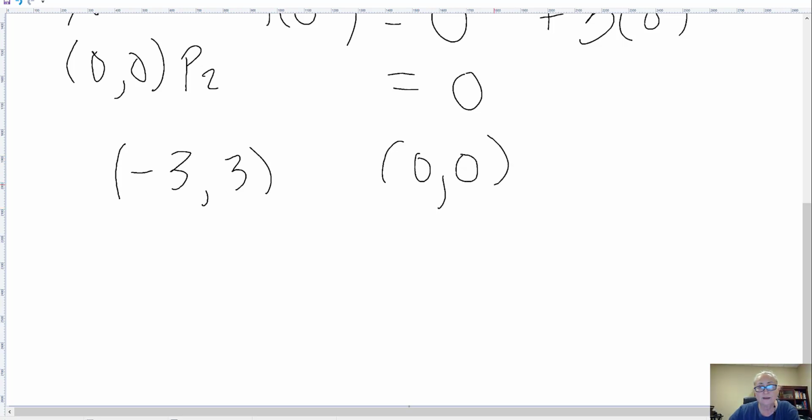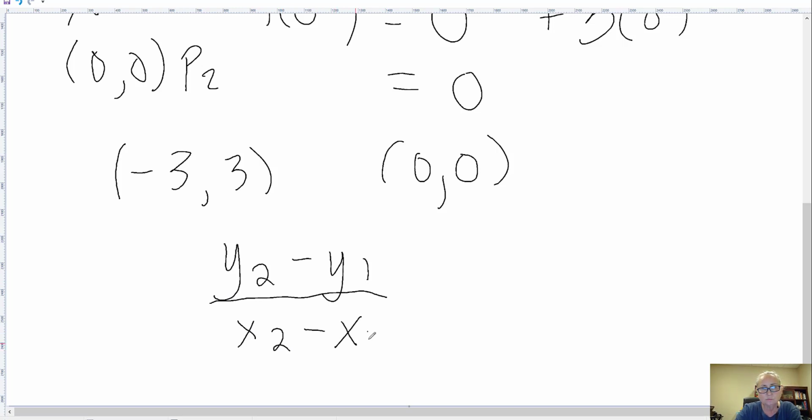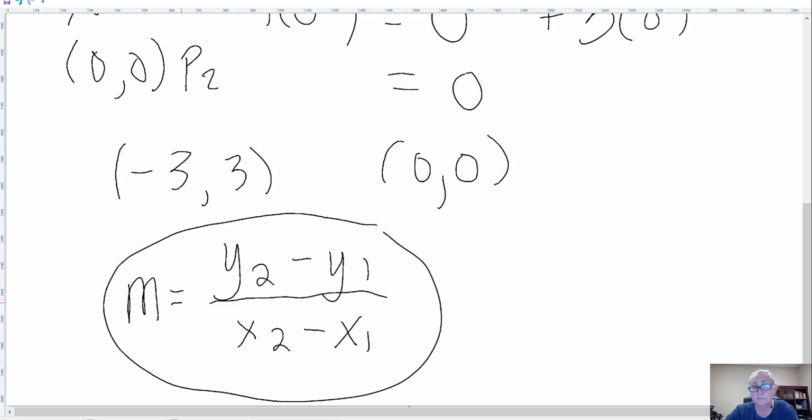Now, you know how we find the equation of a line is we have to find its slope first. So remember what the slope formula is: y2 minus y1 over x2 minus x1. Now, the difference between algebra and calculus, and this is the algebra form of the slope formula, but in calculus we use function notation.